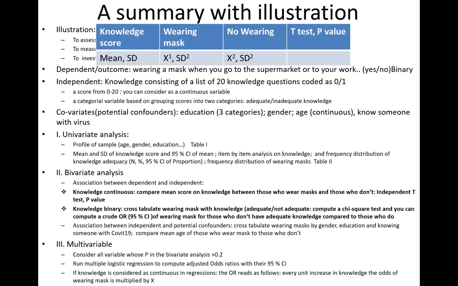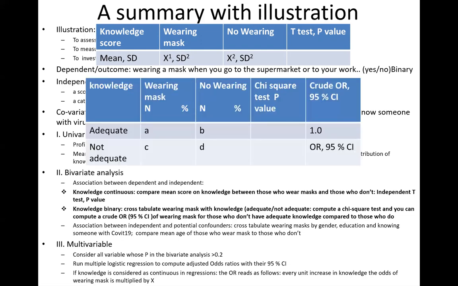But if I consider knowledge as binary, the way I analyze is I generate a contingency table, which is a cross tabulation between knowledge, adequate, not adequate, and wearing a mask or not wearing a mask, and then you will have the chi-square test, and what you can calculate is the crude OR, which is the odds of wearing a mask for those who have inadequate knowledge compared to adequate knowledge, or vice versa, depending on how you want to see it.